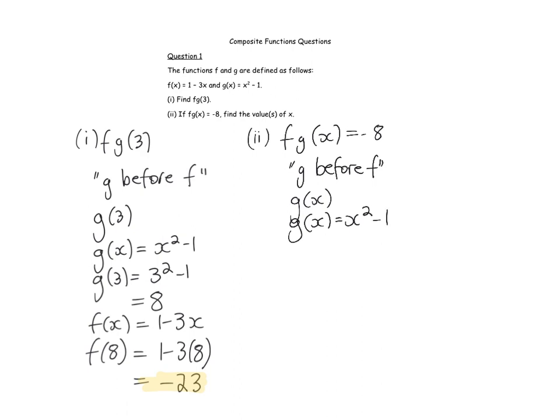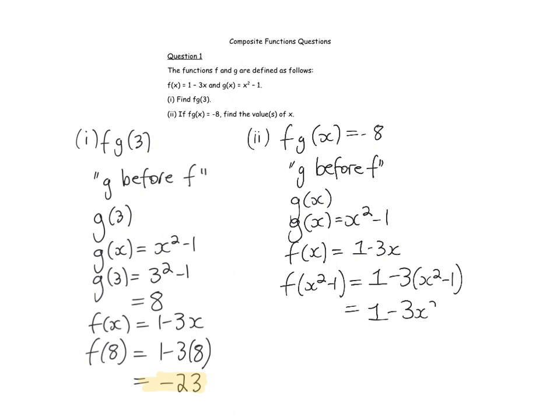So then we have to get f of x, and we know that f of x is equal to 1 minus 3x. However, we know that we got x squared minus 1 in the first part, so it's 1 minus 3 times x squared minus 1. So this becomes 1 minus 3x squared plus 3. So this will turn into minus 3x squared plus 4.